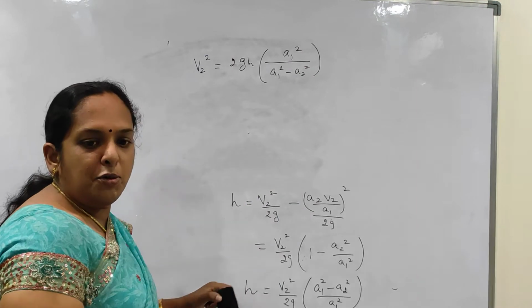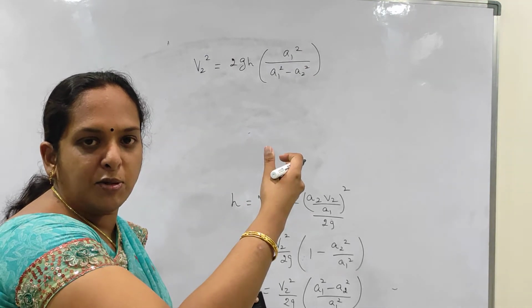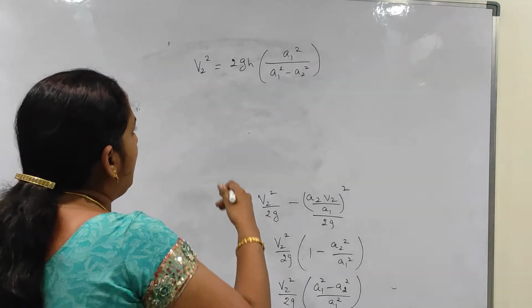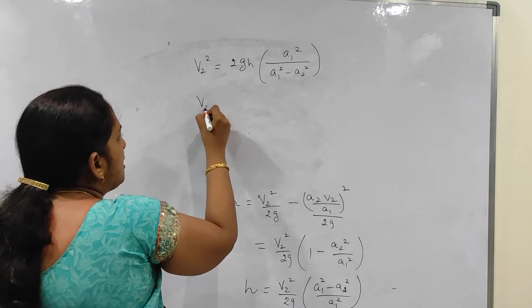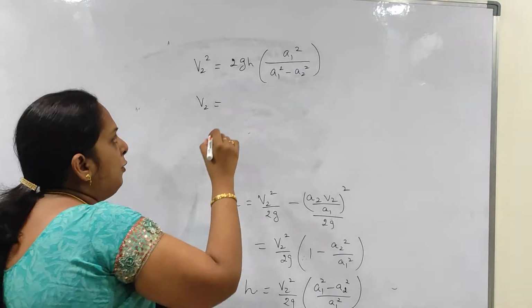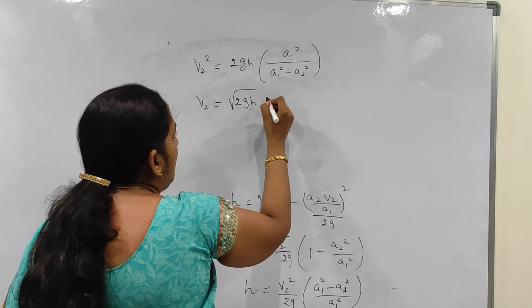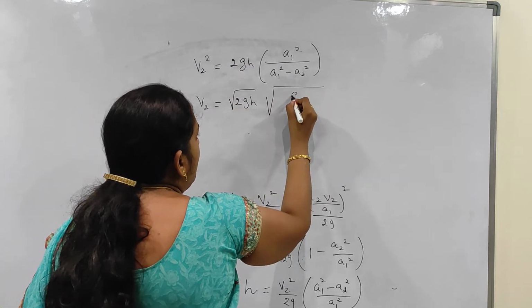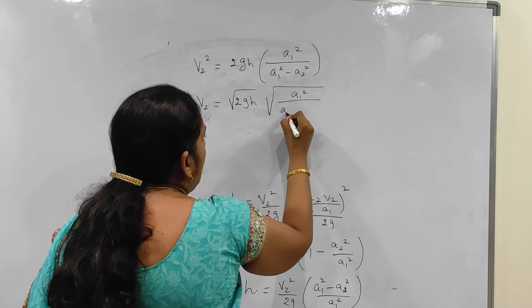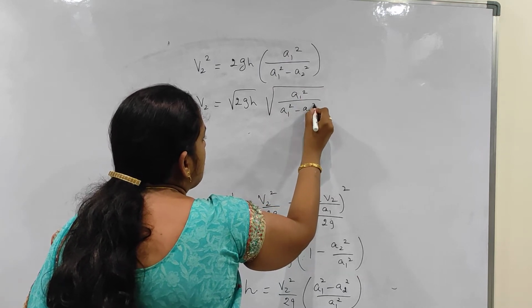Am I right? Now I am going to take the square root because I want only V2. So V2 is equal to root 2GH into root of A1 square by A1 square minus A2 square.